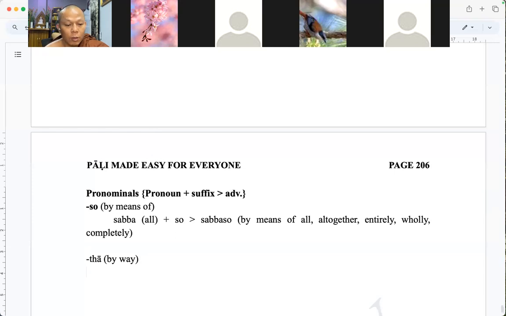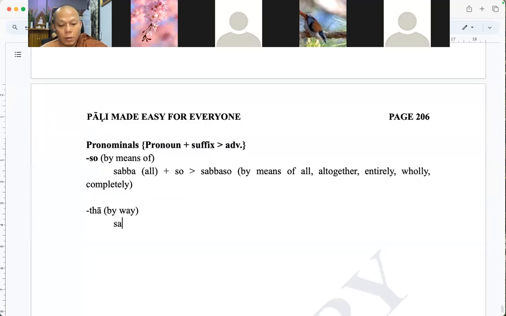So now sabba also and the ta. So we have the sabata. So that means in all ways.